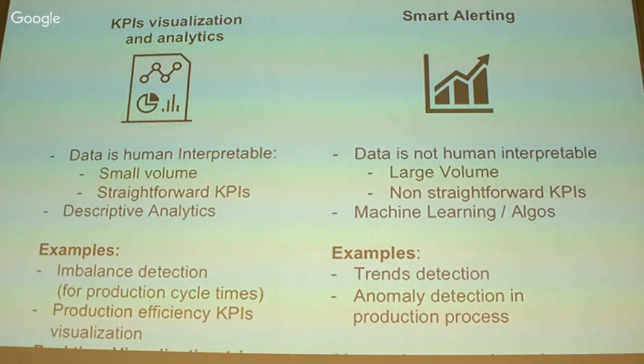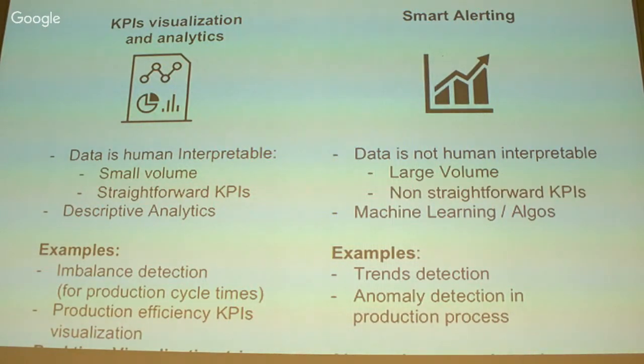We have a couple of examples of this, but the bottom line is that the action is triggered directly from the visualization that we get from the data that is flowing. The second category of data products is smart alerting. In this case, data is no longer human interpretable because it's large volume, and we cannot identify straightforward KPIs.